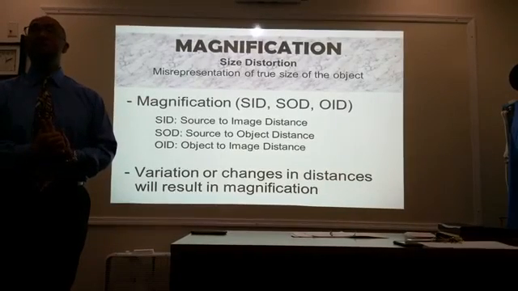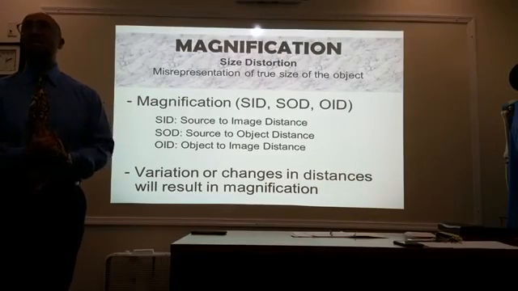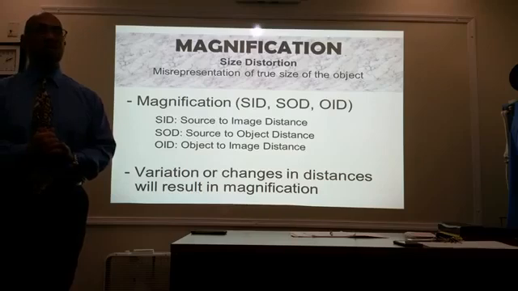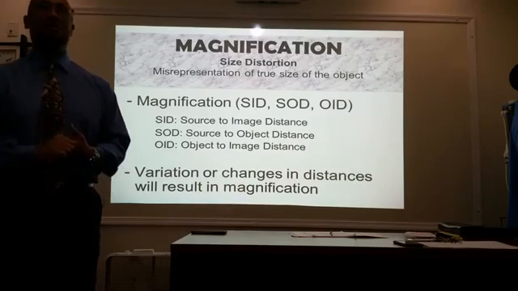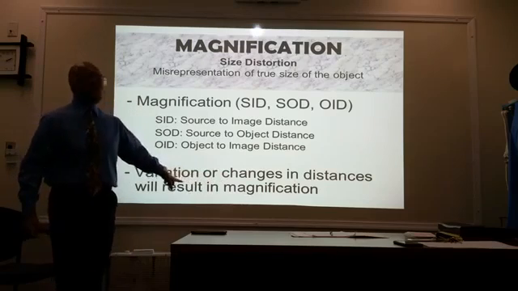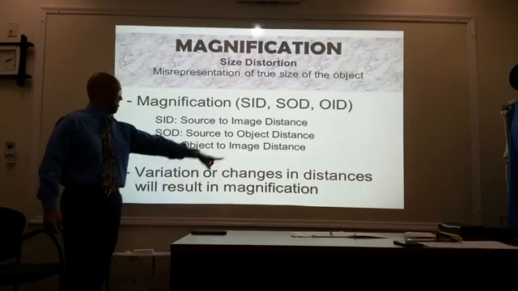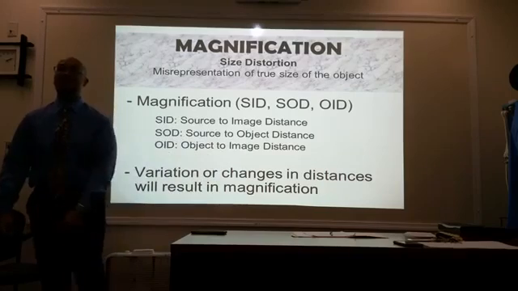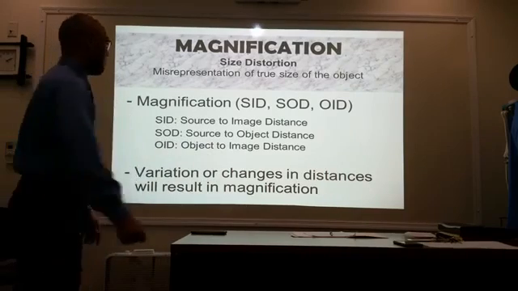Okay? Very, very rare that we get zero magnification on our images. There's always going to be some degree of magnification. Okay? But we can control that by varying what? Changing the distances. Varying our distances. We can control that. Okay?